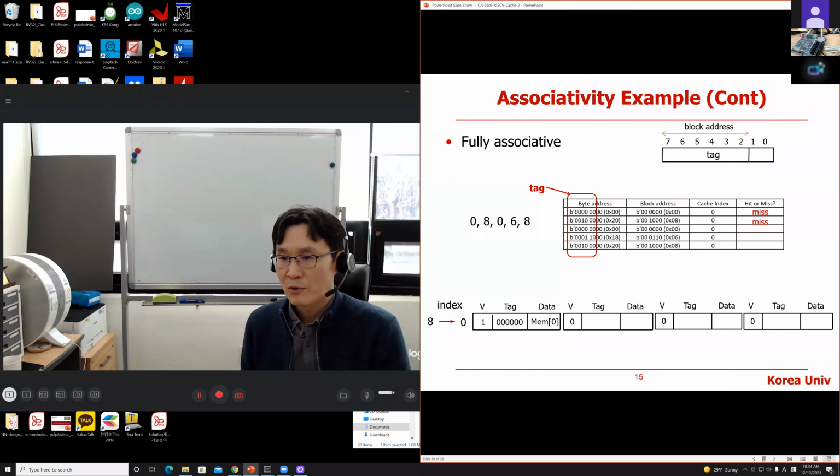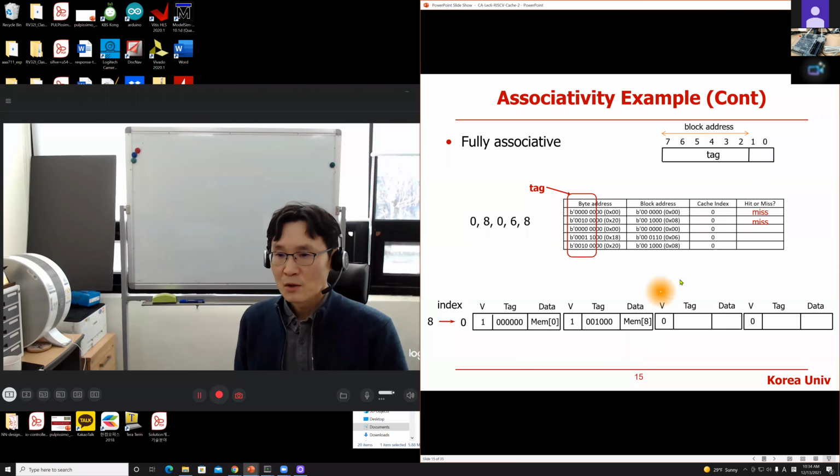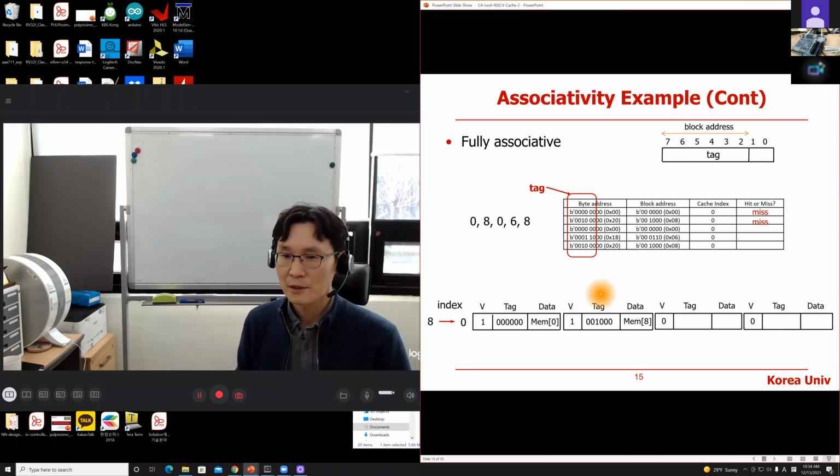Memory block should be placed, right? So we have empty entries. So you don't have to evict that cache entry to memory, right? You can use unused cache entry. So place memory block and record tag information, and valid bit is set to 1. So we are done.